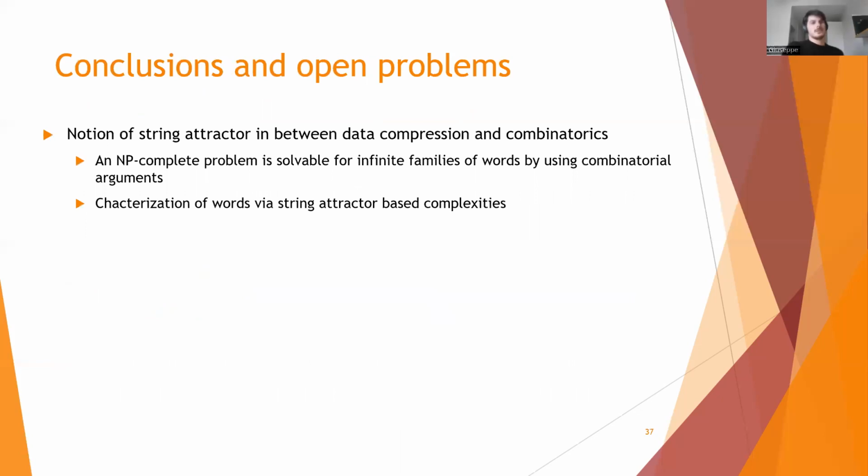So, in conclusion, we have here introduced the notion of string attractor from a combinatorial perspective, and we have seen how an NP-complete problem in general can be solved for infinite families of words by using some combinatorial arguments. And also we've seen how we can use this notion to obtain new characterizations of words.